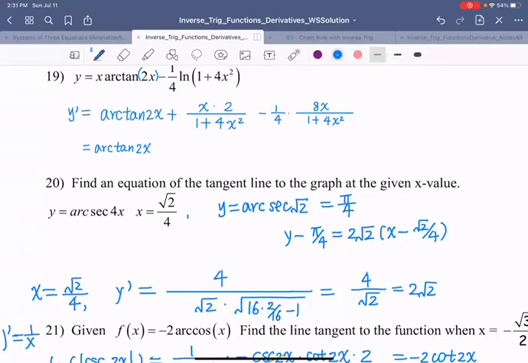How do we get the derivative for this guy? Okay, the derivative of y is like, I think it's 4 over, was it the absolute value of x? No, the absolute value of 4x times square root of, I think, 16x squared minus 1.